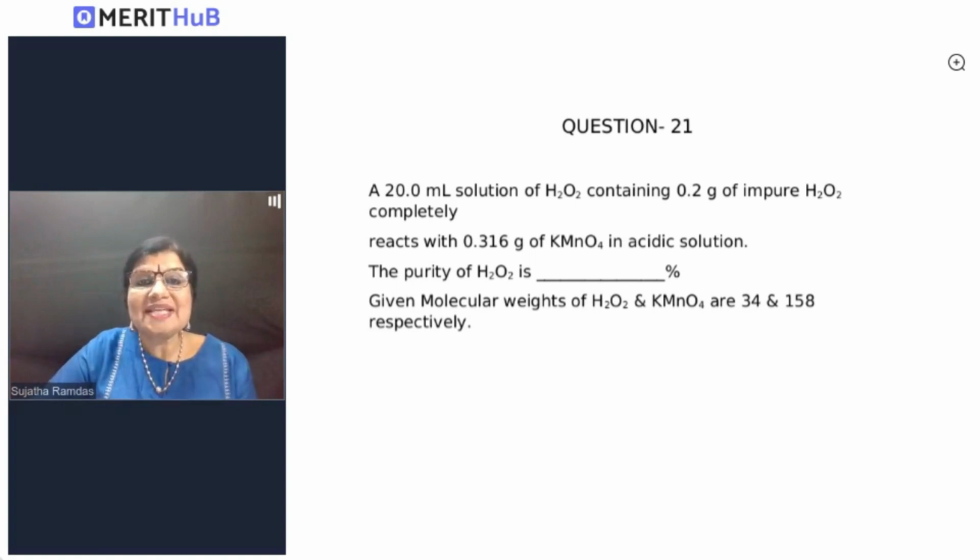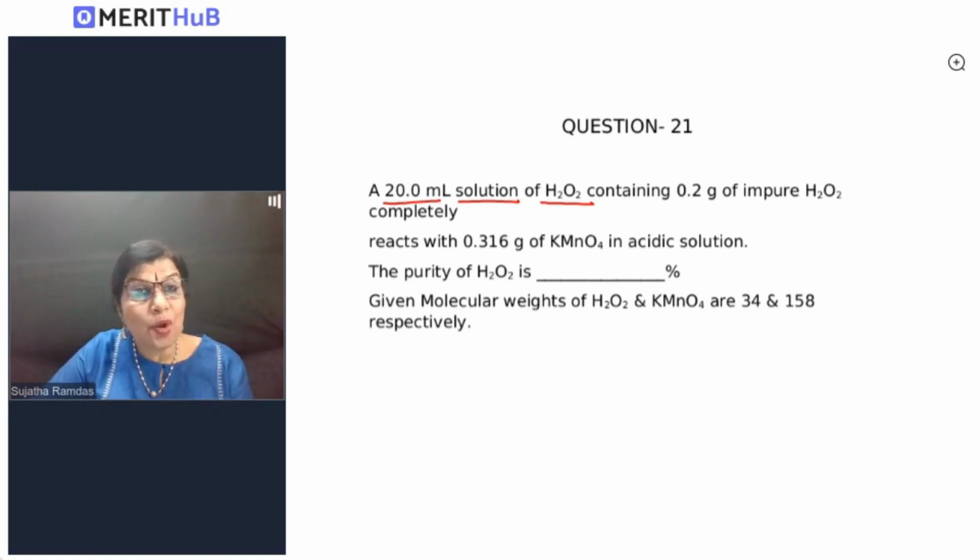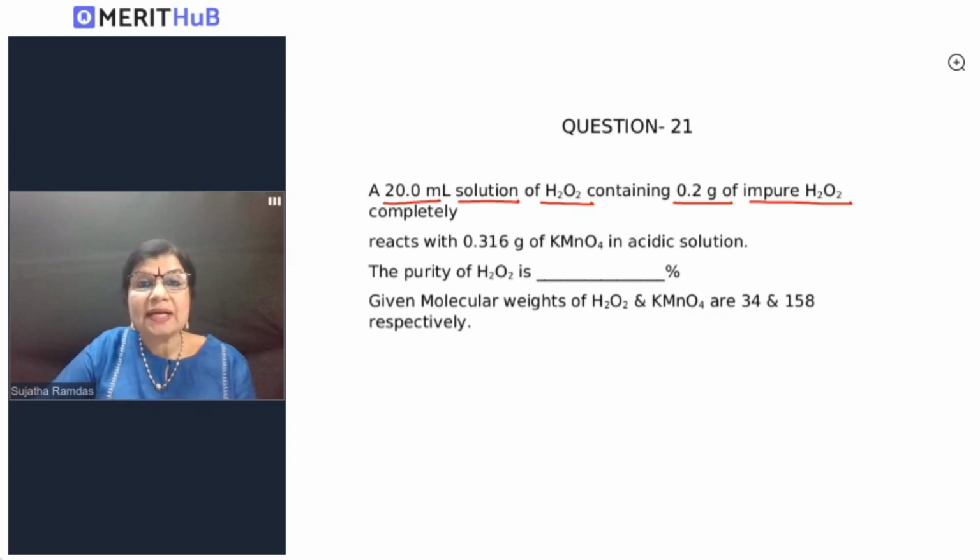A 20 milliliter solution of hydrogen peroxide containing 0.2 grams of impure hydrogen peroxide completely reacts with 0.316 gram of potassium permanganate in acidic solution. The purity of hydrogen peroxide is this percent.